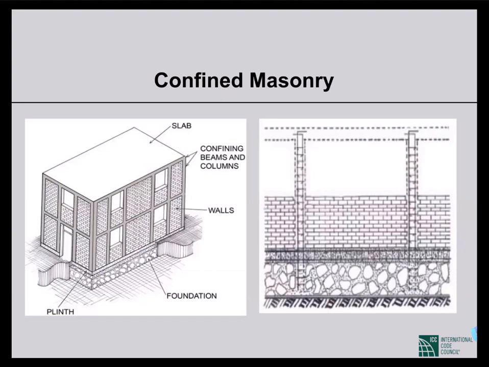So you see the column-like elements, their reinforcement cages are in place, but no concrete casting is done before wall construction. So you first construct the wall, and you have the reinforcement cage of the column, and then after construction of the wall you pour concrete in that space which is left for column construction.